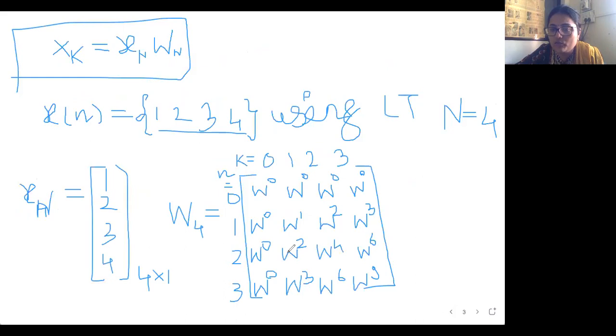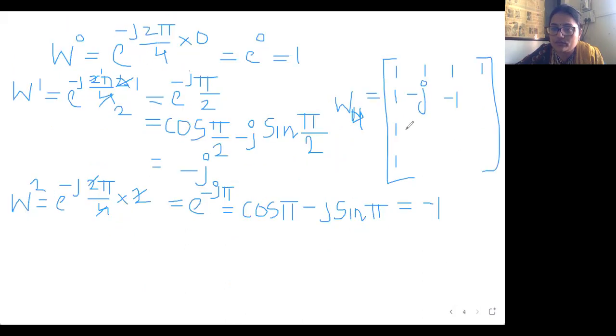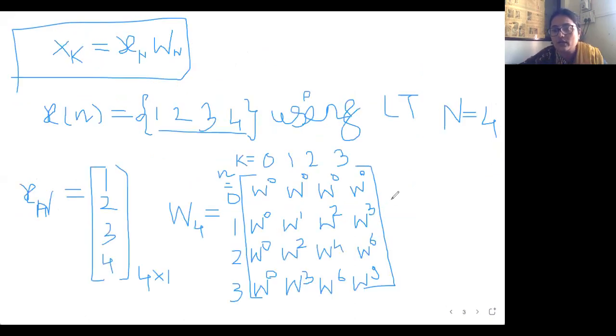Similarly, here also I can put down the value. W raised to 2 is minus 1. Then the next value that I have to find out is W raised to 3.